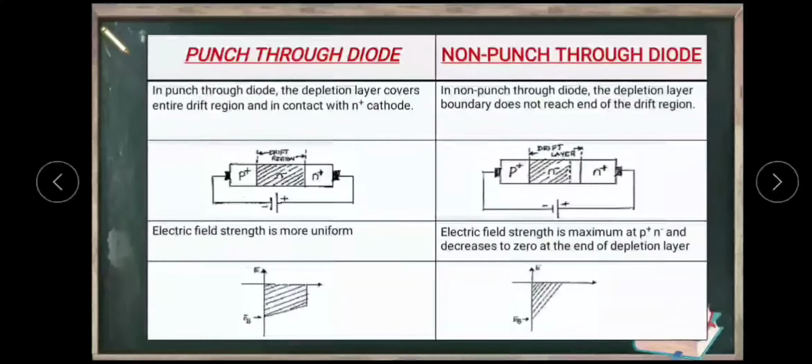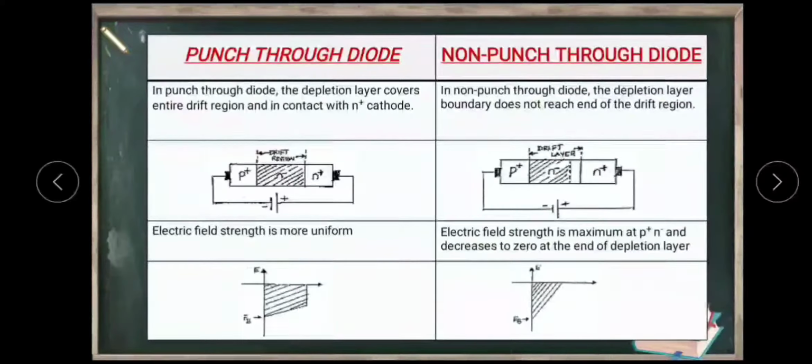In punch through, the electric field strength is more uniform. In non-punch through, the electric field strength is maximum at P plus N minus and decreases to 0 at the end of the depletion layer. This is a very important topic. In examination, they will ask for 3 marks. Go through this and study properly.